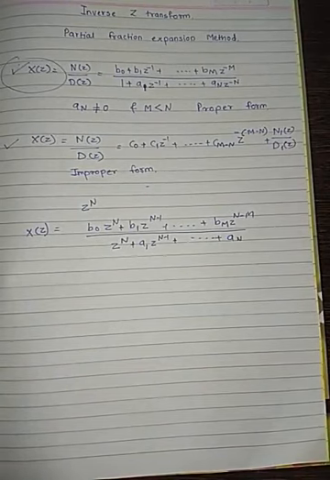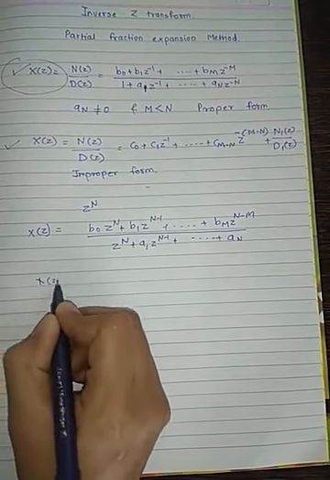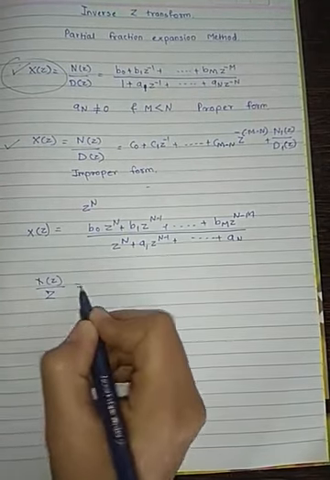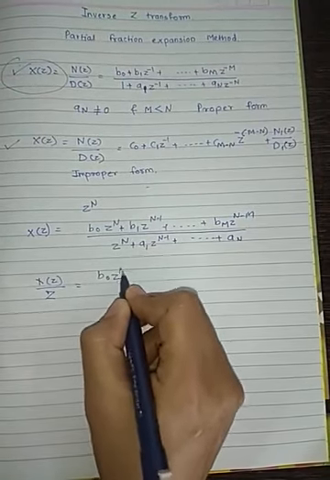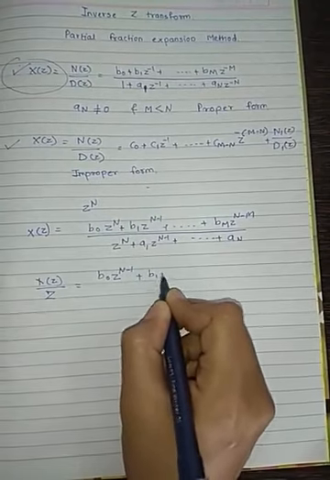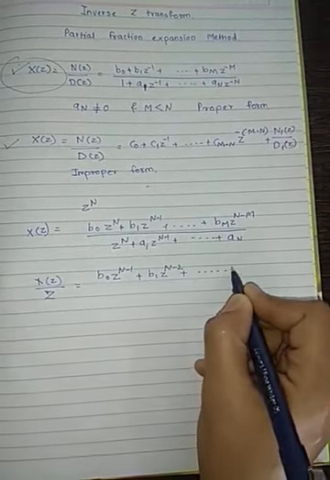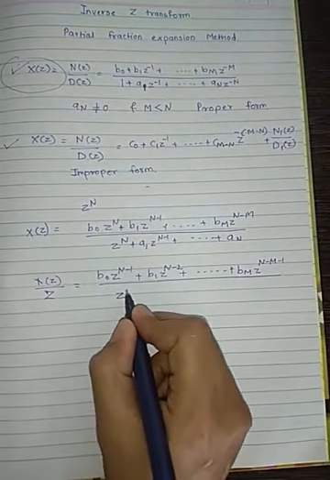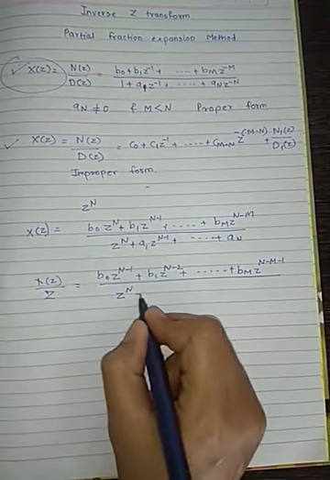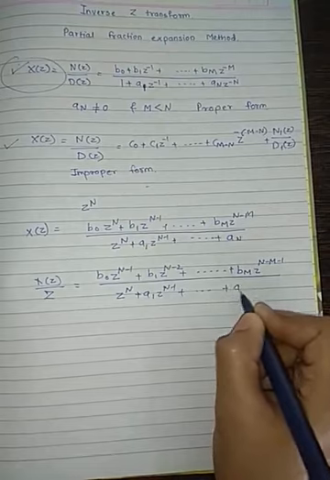Now what we have to do is divide this equation by z on both sides. So X of z divided by z equals b0 z raised to n minus 1 plus b1 z raised to n minus 2 plus up to bm z raised to n minus m minus 1, the whole divided by z raised to n plus a1 z raised to n minus 1 up to an.